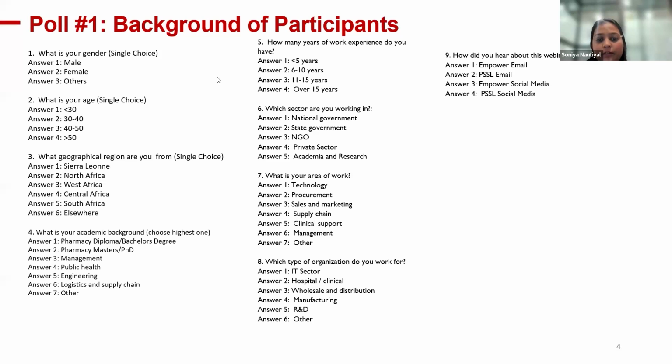The maximum are from elsewhere, and the rest are 17% from West Africa, 16% from Central Africa, 11% from South Africa, and 1% from Sierra Leone. The maximum audience are from pharmacy diploma and bachelor's degree backgrounds. Work experience is mixed, with a maximum of 33% above 5 years of experience.